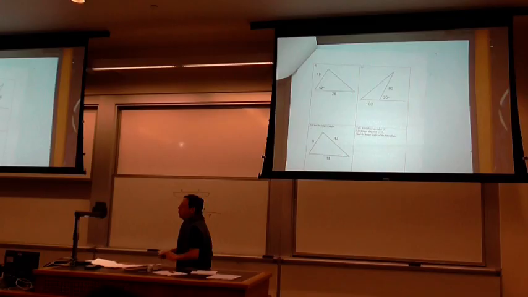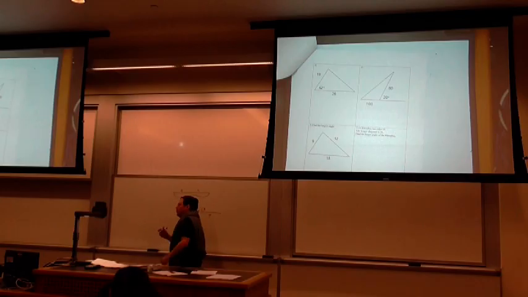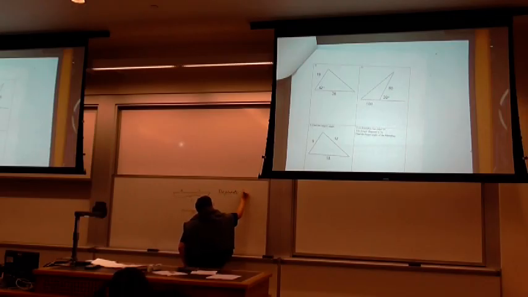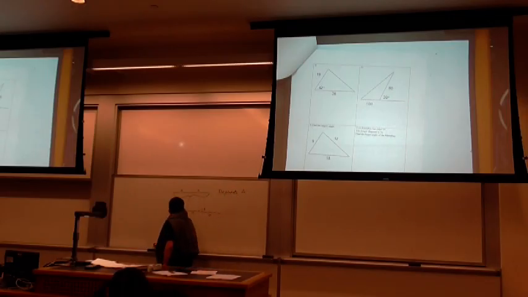In mathematics, when we take something and squeeze it down until there's nothing left, we call it degenerate. So this is kind of like a degenerate triangle. Or you have a bunch of concentric circles, and they go down to a point.